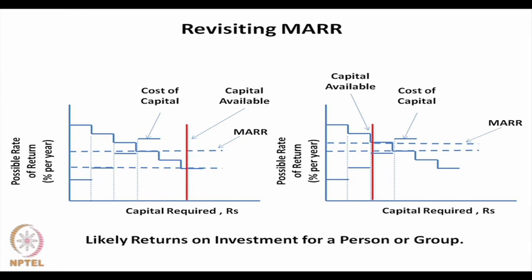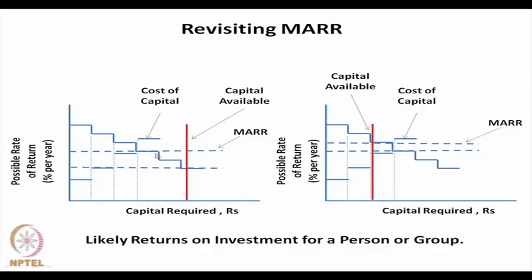Remember that the opportunity cost is the cost of the project that is forfeited. So, in this case, the project that the company or the investor is not considering because its cost of capital is higher, the profit rate that he would have got, that would be the MARR. So, in this case there are 2 possibilities.